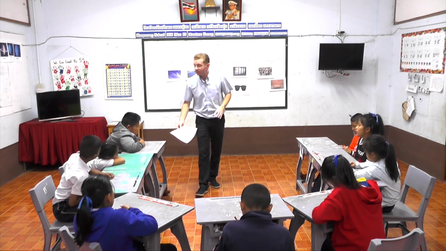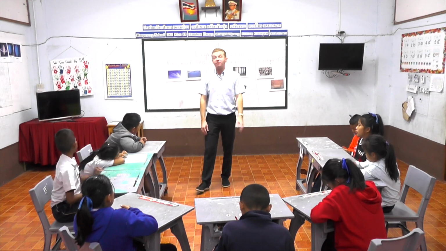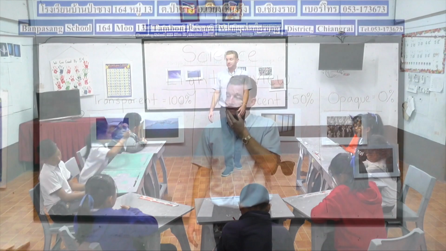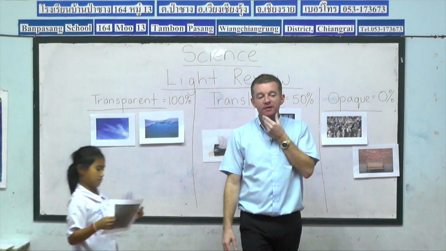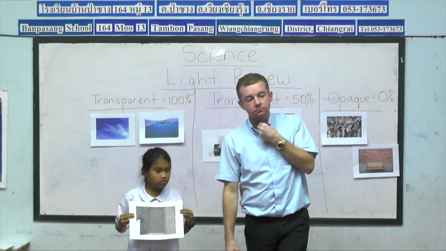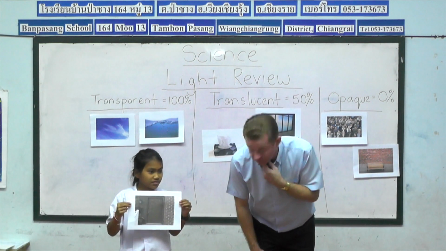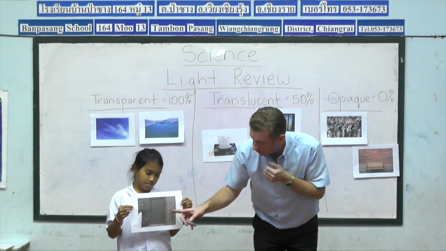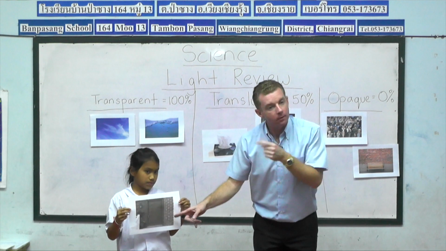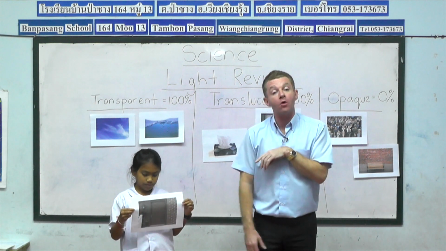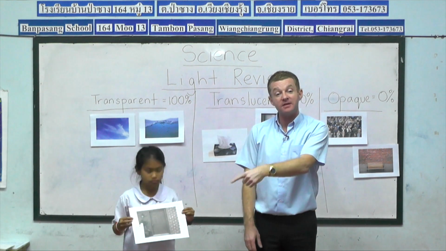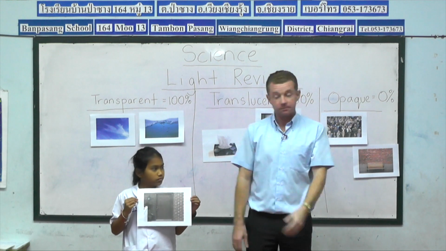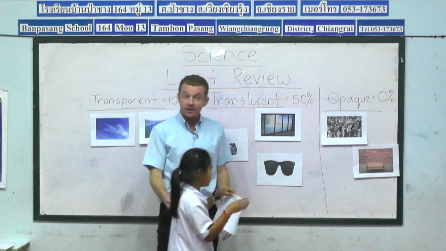Now it's Pakbung's turn to bring her flashcard to the front of class. And what can we see on Pakbung's flashcard? That's definitely a door, not a window. We've got a door, and what do we also have here? Now, what type of objects are walls and doors? Can we see the light passing through? No. So they're opaque, yes.